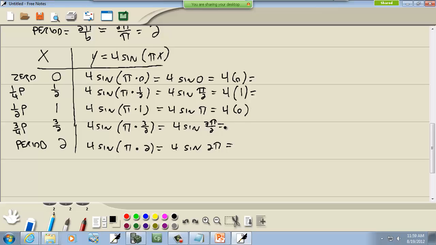Back to 0, to -1, and then the 0. You're going to see that enough so you see this pattern. I visualize it going around the unit circle when I'm doing that. 4 times 0 is 0, 4 times 1 is 4, 4 times 0 is 0, 4 times -1 is -4, and 4 times 0 is 0.